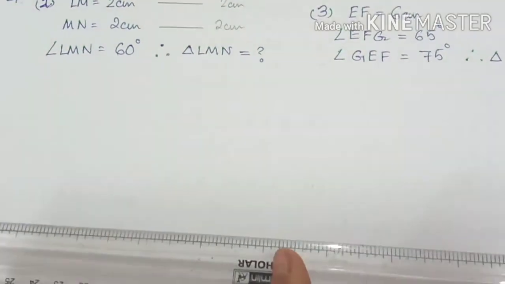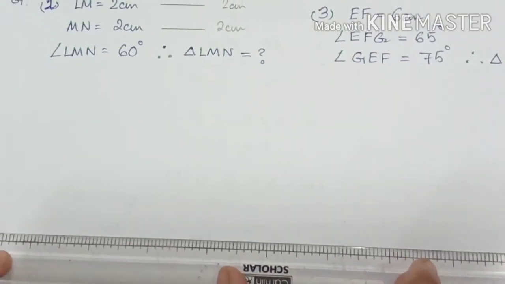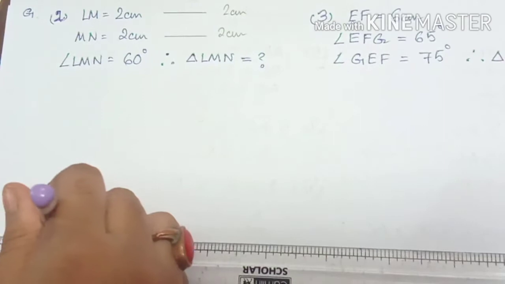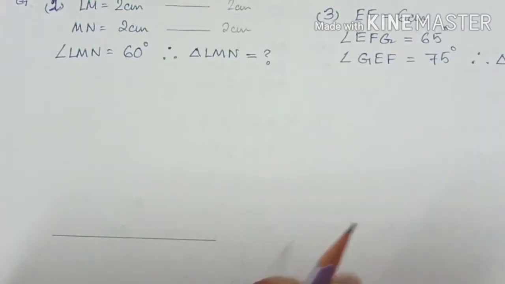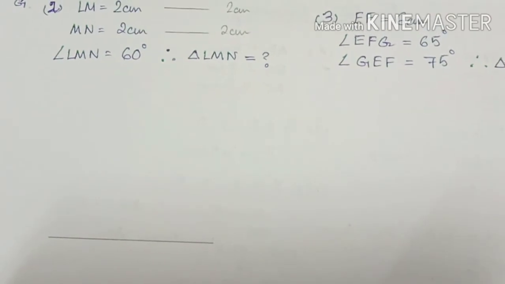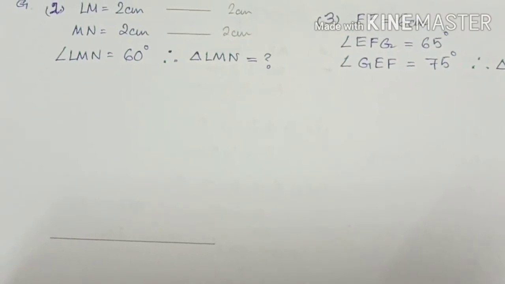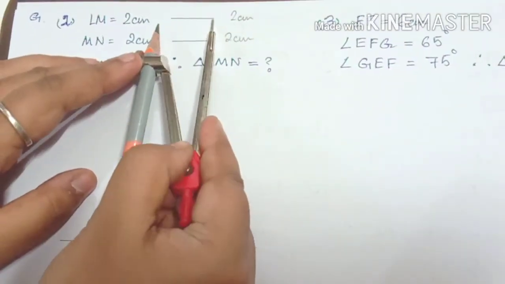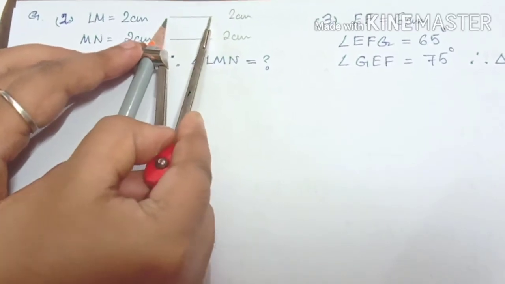So first we are going to take an arbitrary line once again. So here I am taking this line. Now what we are going to do is take the size of 2 centimeter. So from here I have already taken the sizes.